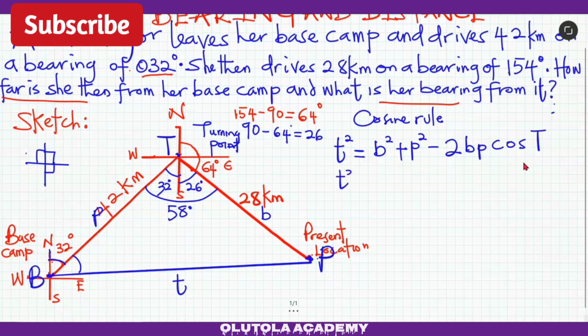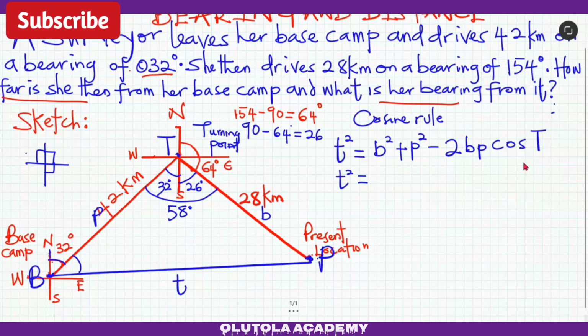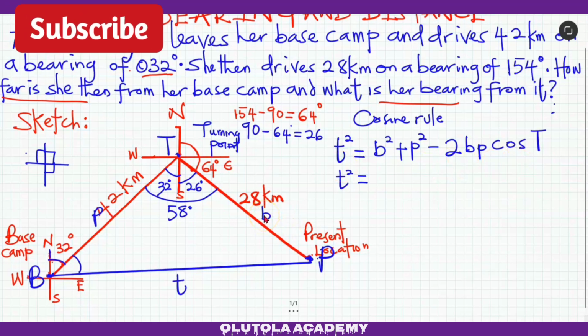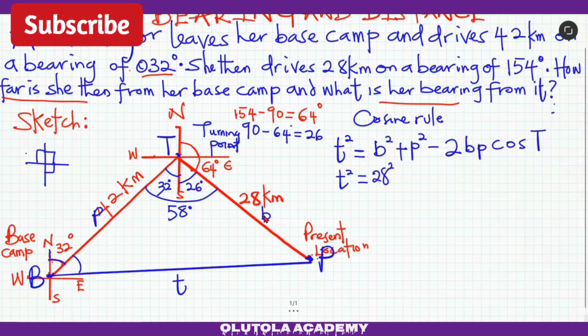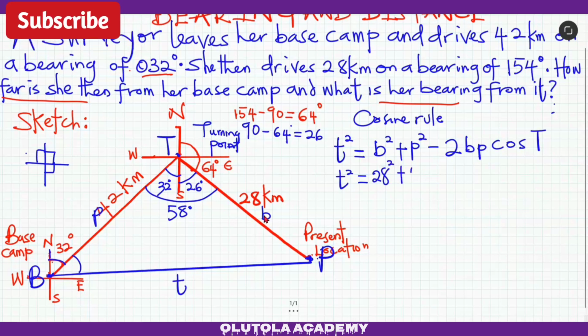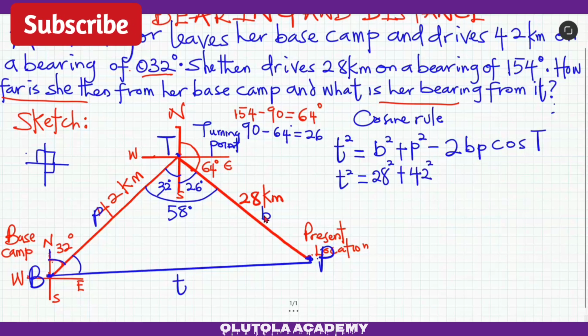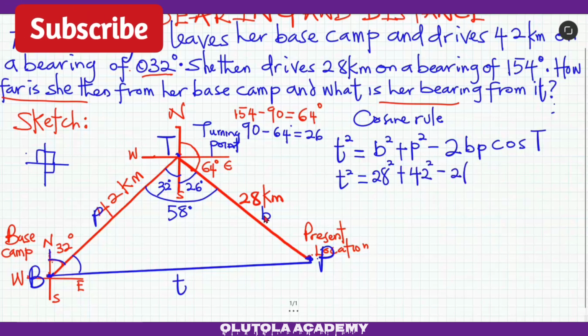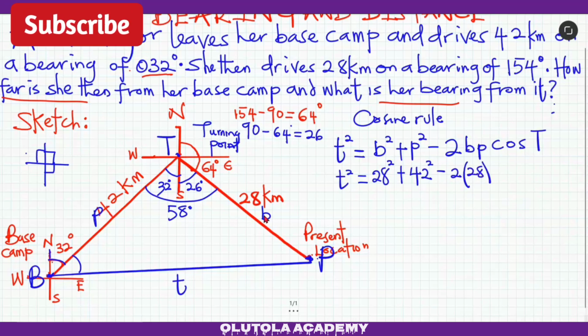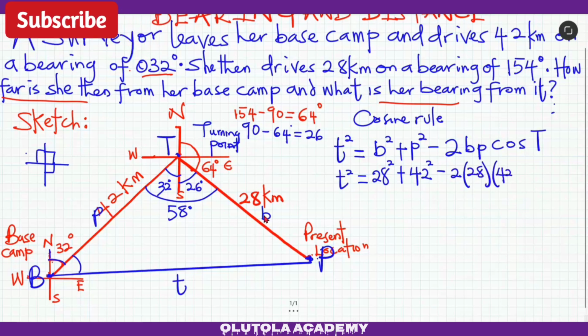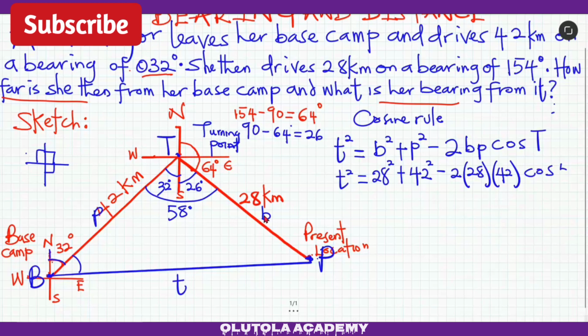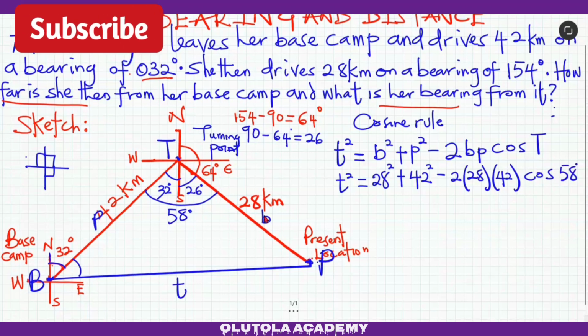I have t square equals b is 28, as we have here, 28 square. I'll keep the kilometer first, I'll put that later, plus 42 square minus 2 into bracket 28 into bracket 42 cos 58.